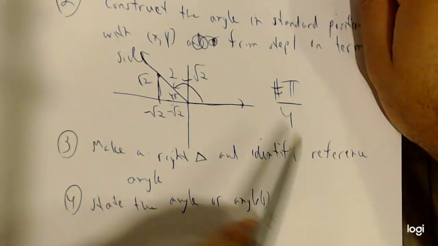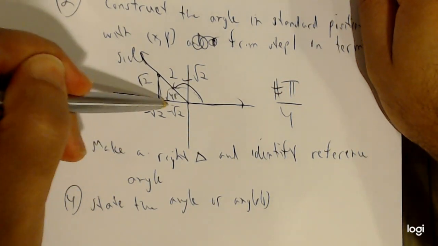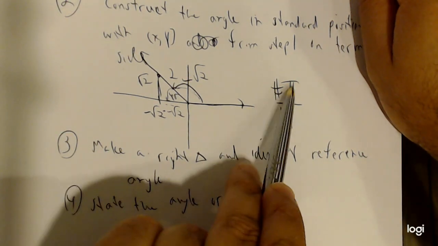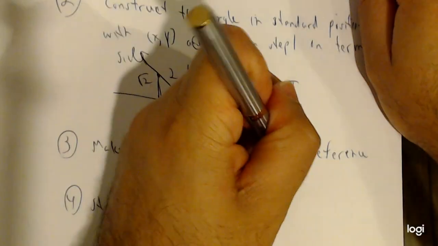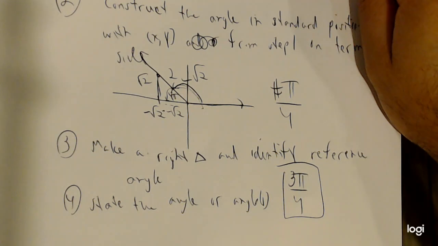Now, what is that number? Notice how this angle comes up very close to pi, but it's just short of pi. So what would be pi with a denominator of 4? Wouldn't it be 4 pi over 4? So this comes up just short of 4 pi over 4, which means it must be 3 pi over 4. And that's my angle.